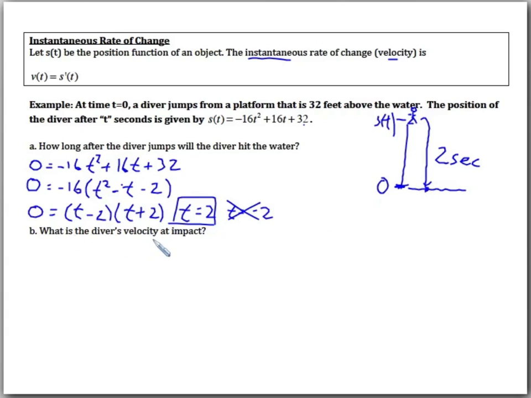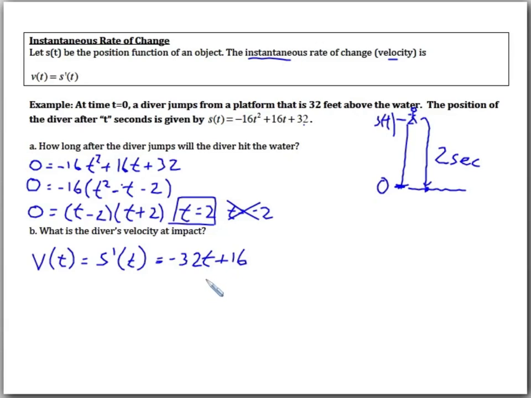So what is the diver's velocity at impact? So we have to remember that the velocity at time t is the same as the derivative of the position at time t. So let's go ahead and find the derivative of this right up here. So we have 2 times negative 16, which is negative 32, and then t to the first, so t, and then here would be plus 16, and then plus 0.